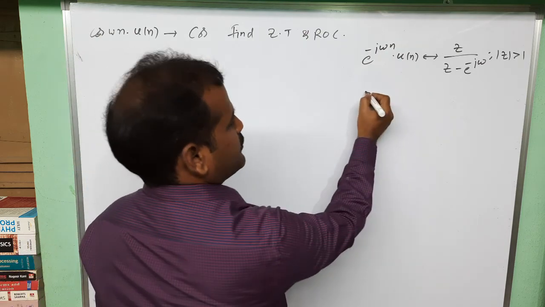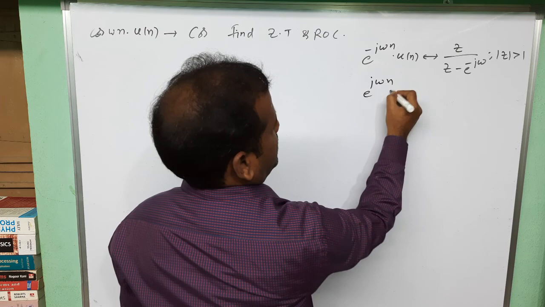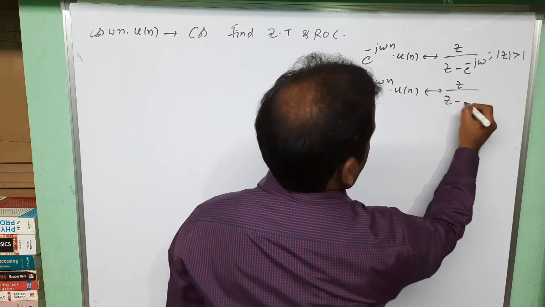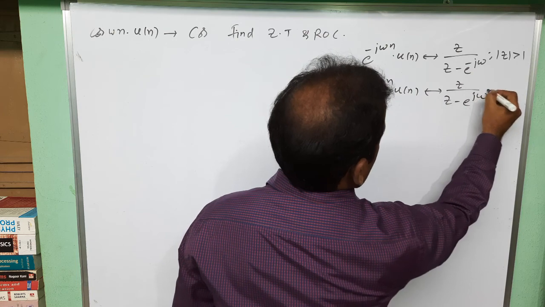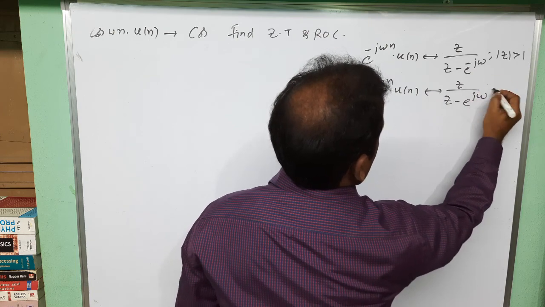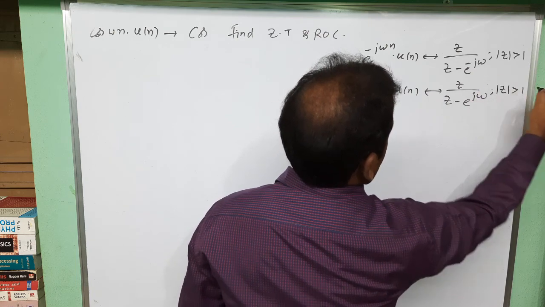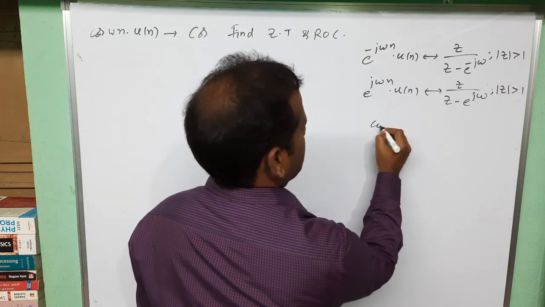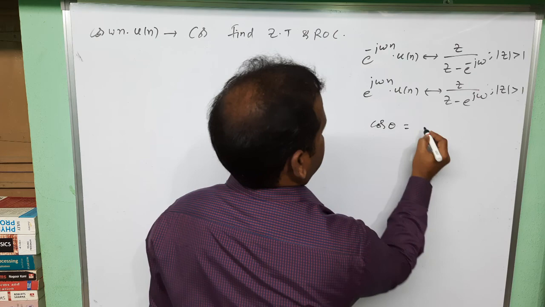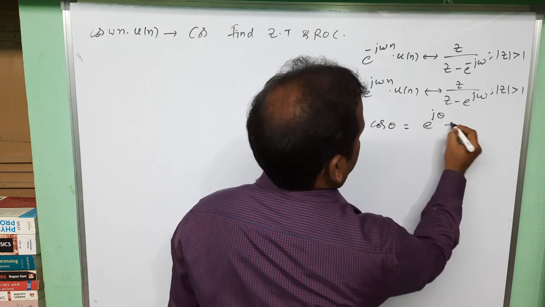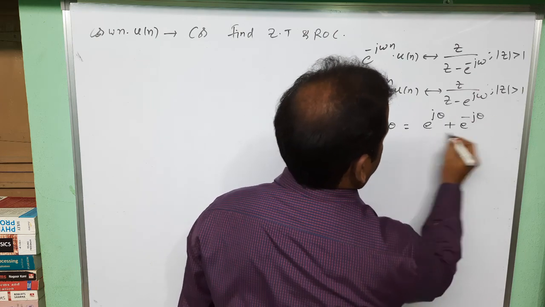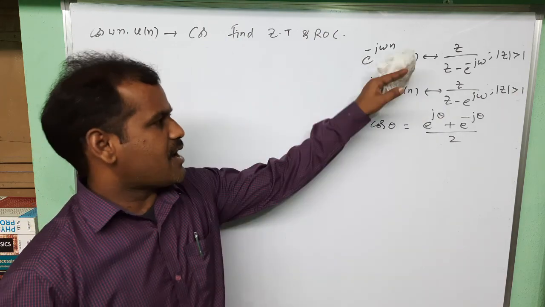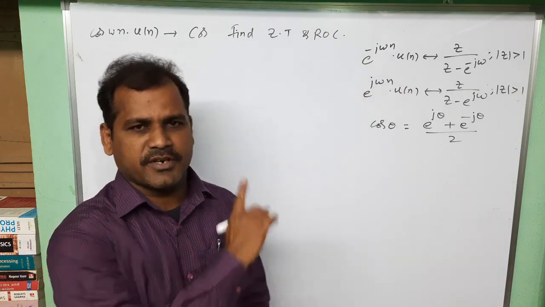Similarly, for e to the power of plus j omega n u of n, we got z by z minus e to the power of plus j omega with ROC mod z greater than 1. And we know the standard formula cos theta is equal to e to the power of j theta plus e to the power of minus j theta divided by 2. We should utilize all these formulas in the derivation of this function.